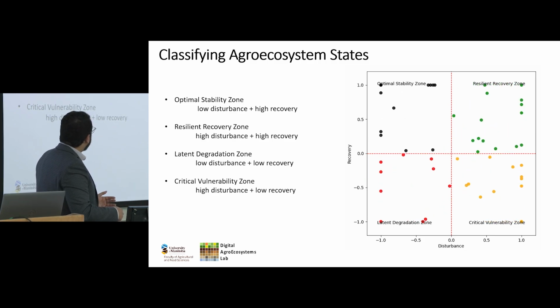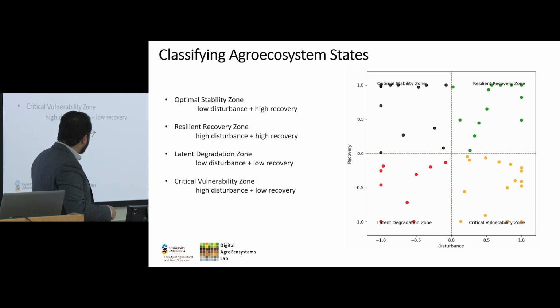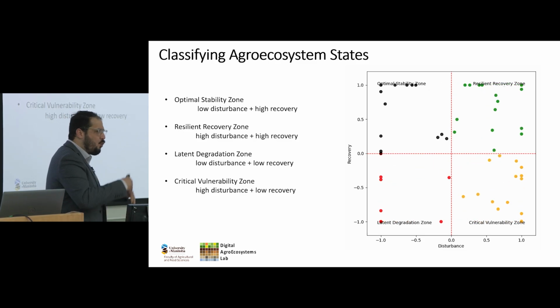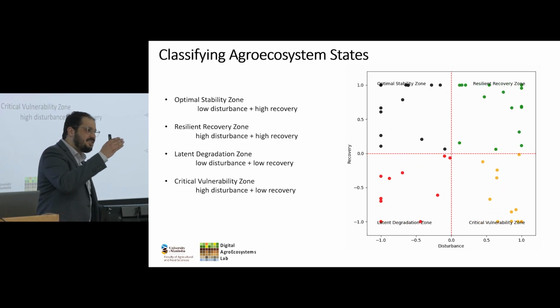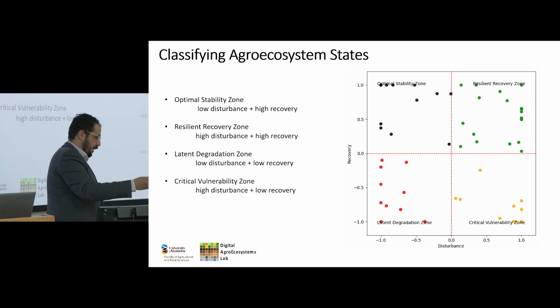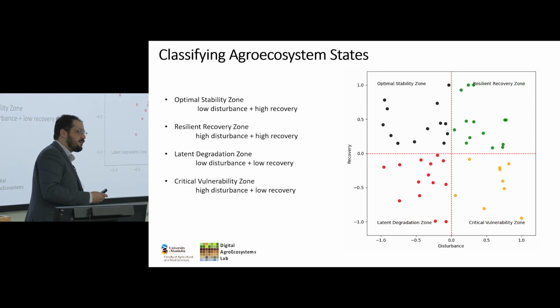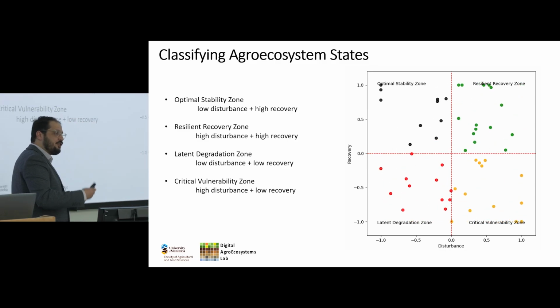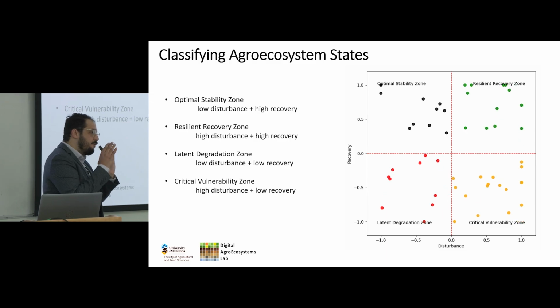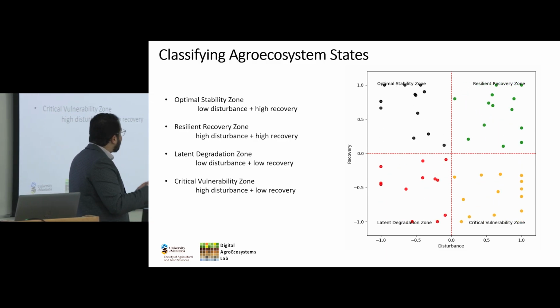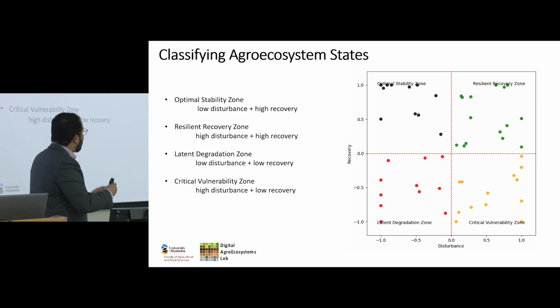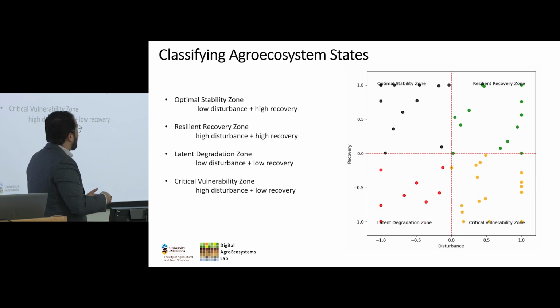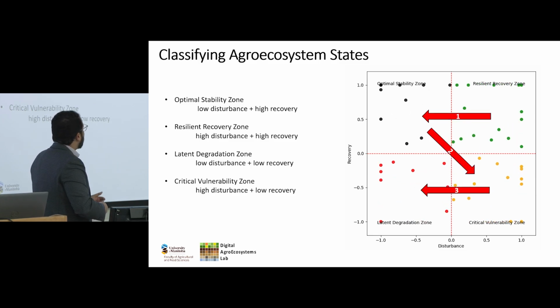But still there is a recovery or latent degradation zone. Whatever you are doing there, the system will decline anyway. This is very useful for decision makers, because now they can select a specific location and build their own long-term strategy for recovery or applying nature-based solutions.